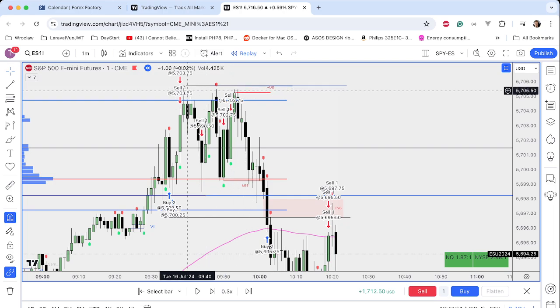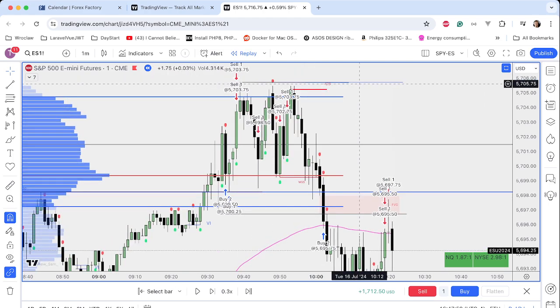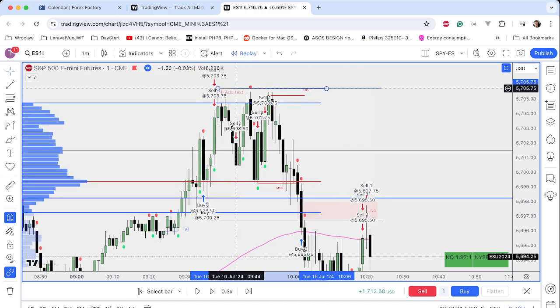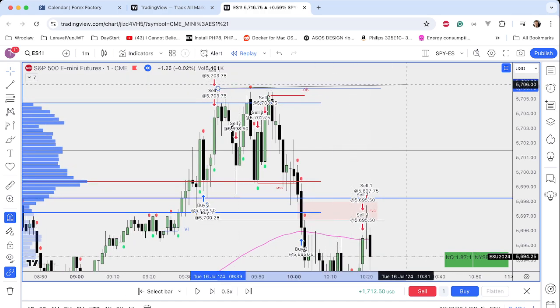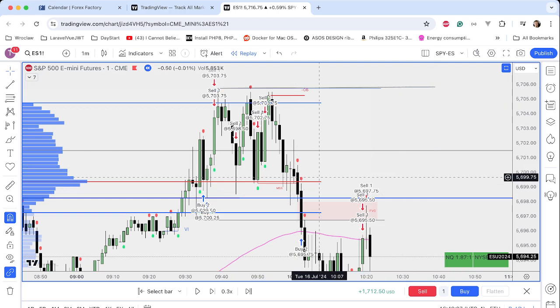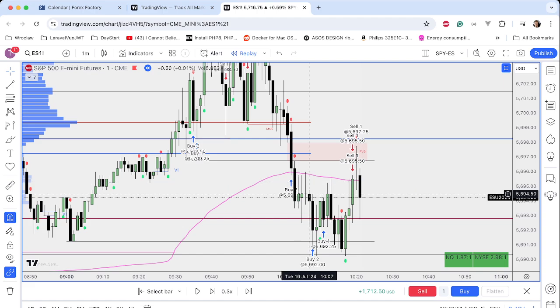Look at this level here. This level is asking to be taken now. There's a lot of longs at the open. Gave a position on the drop down here below that level.